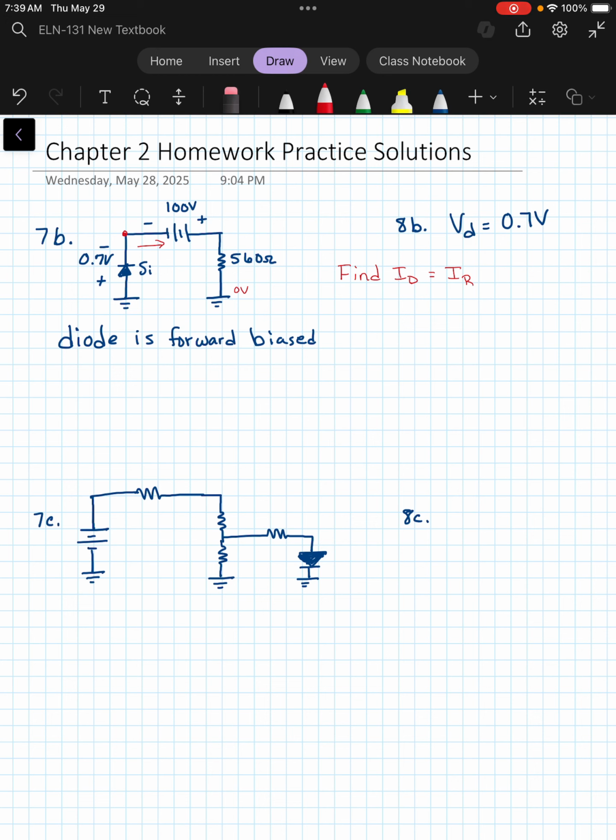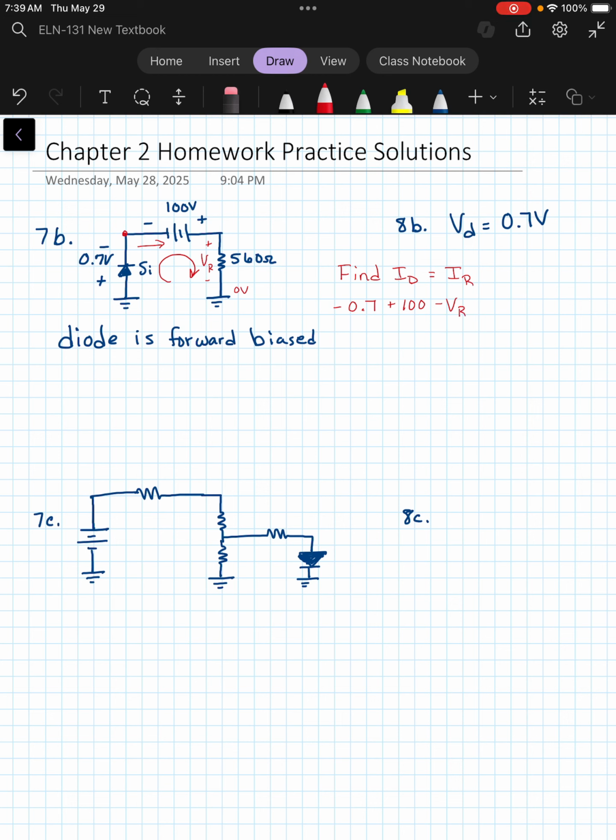So if we look at Kirchhoff's voltage law around a closed loop, in that clockwise direction, we're going to see a drop of 0.7 volts, and then we're going to see a rise of 100 volts, and then we see a drop of whatever this VR is.